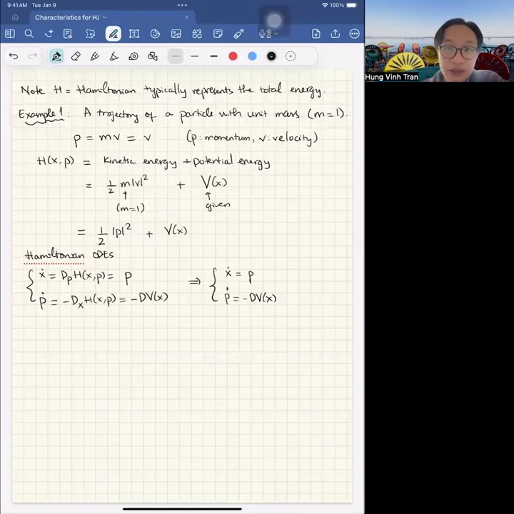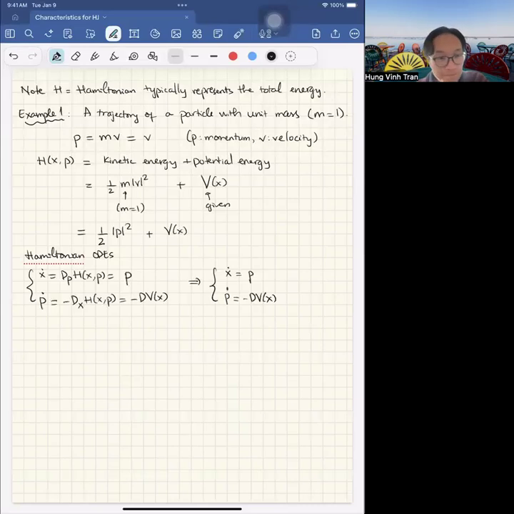And you can see that this is natural, right? When you differentiate the position, you have velocity, or in this case, momentum, because m equals 1. And p dot equals minus dV of x, meaning that you go in exactly the steepest gradient descent direction, right? You go directly along minus the gradient of the potential, so that's kind of the optimal path that you would go.